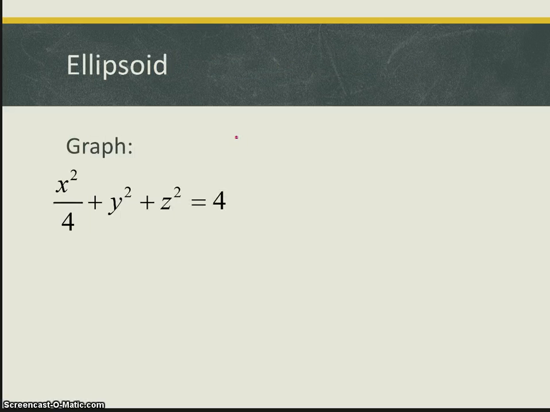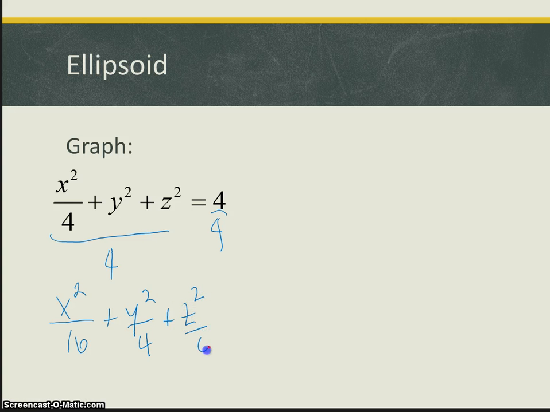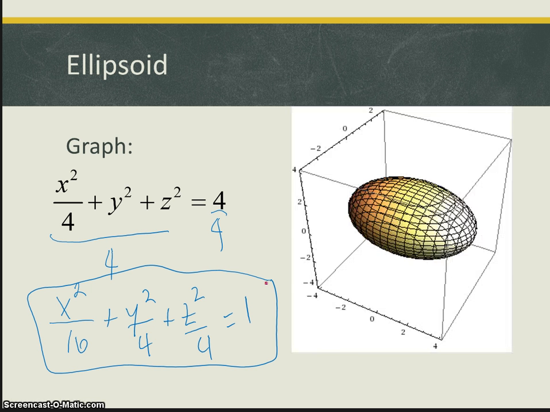And that's easy enough to fix by dividing both sides of this equation by 4. In which case I would end up with something like x squared over 16 plus y squared over 4 plus z squared over 4 equals 1. And now that is in the form identified on that sheet. And the graph of this ellipsoid looks like this. Okay?